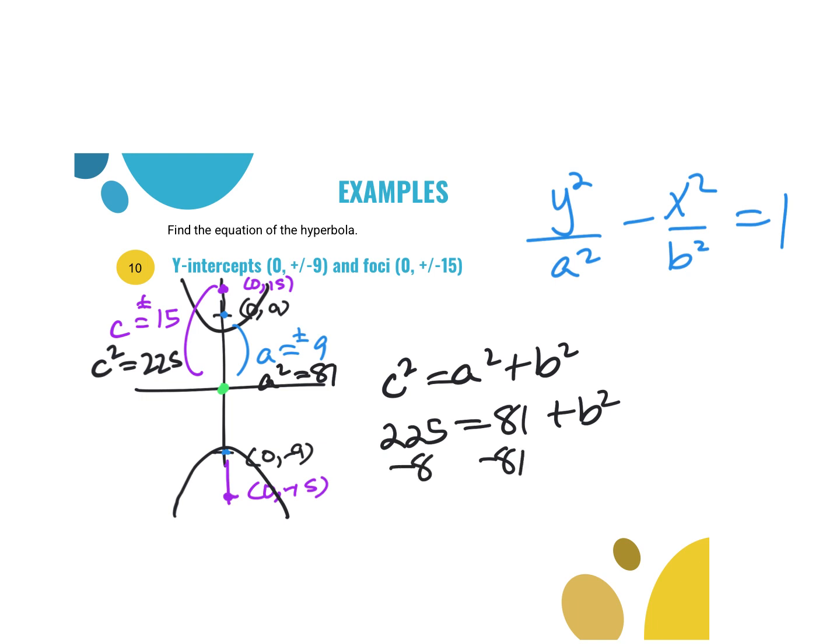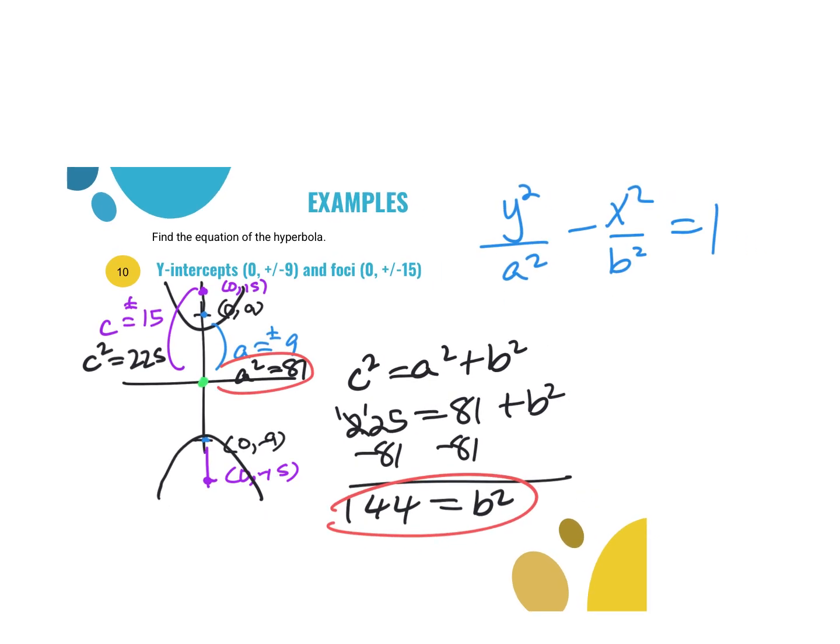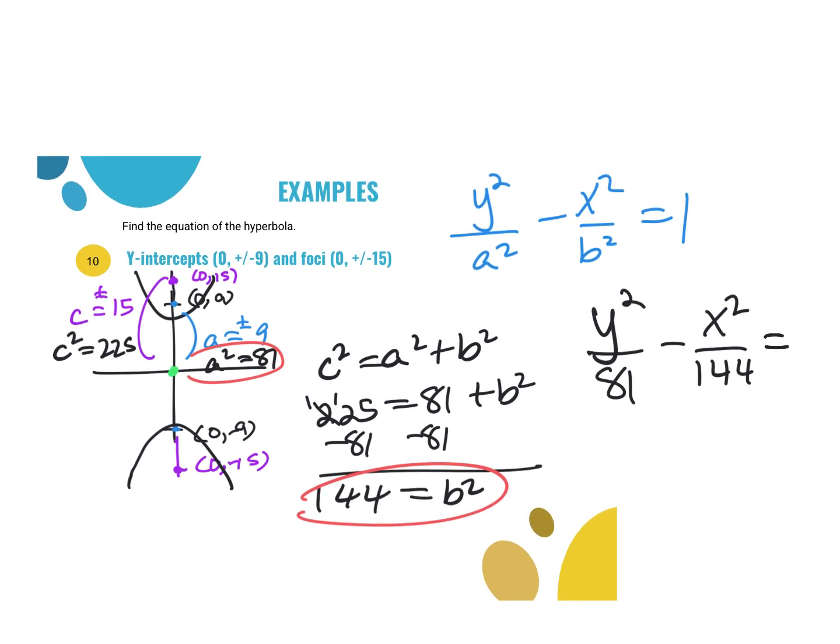Subtract 81. And I get 144. Again, I don't square root it because I need b squared. So I'm filling in b squared and a squared. So final answer, y squared over 81 minus x squared over 144, and again, always equals 1.